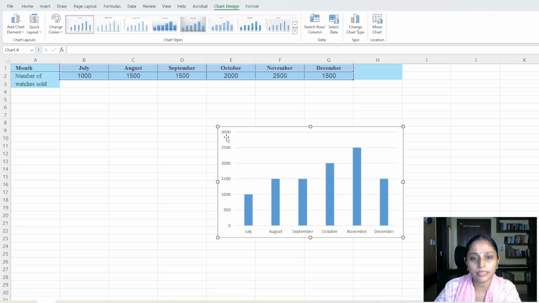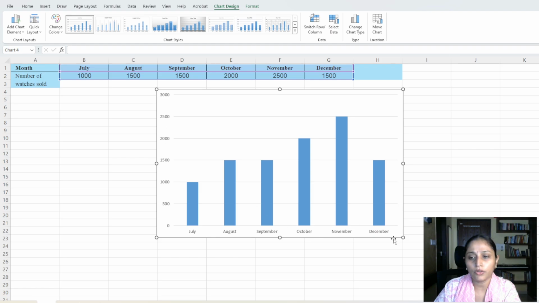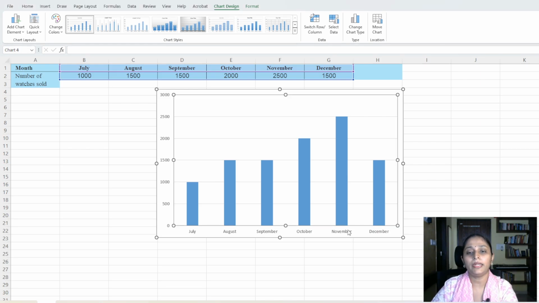So here, looking at this graph, what can we say? On the x-axis I have the month. So the data is given for the months July, August, September, October, November and December. And then immediately when you look at the graph, a lot of things that were not very obvious from your data in the table format are going to be clear to you.